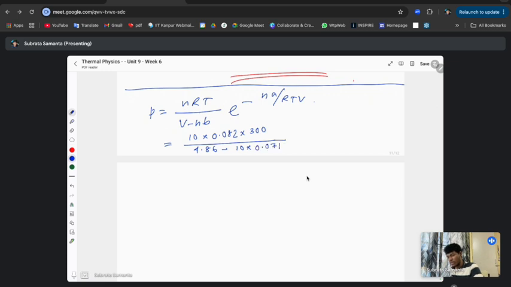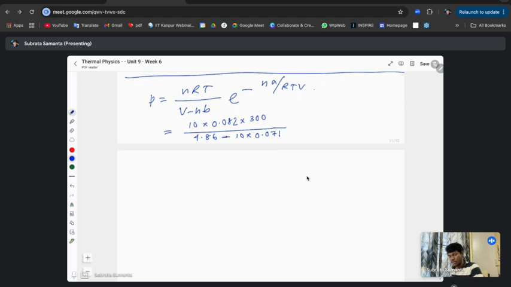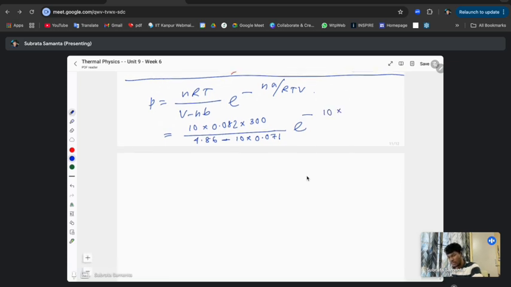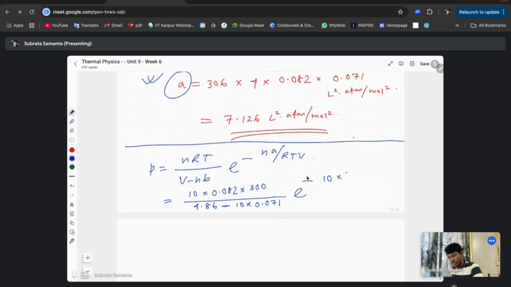Both are in the same unit, since we subtract. And then e to the power minus n, which is 10, times a, which is 7.126, over R 0.082, temperature 300 and volume 4.86.